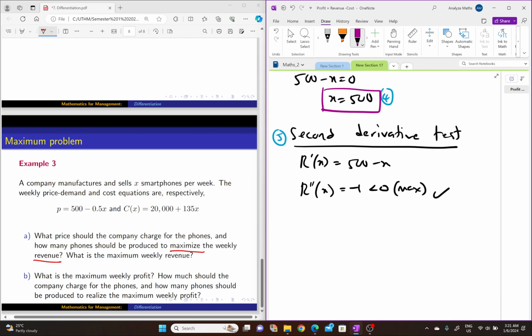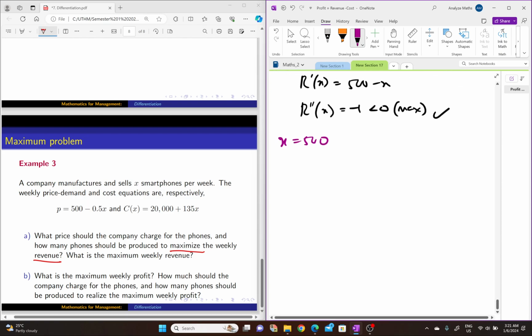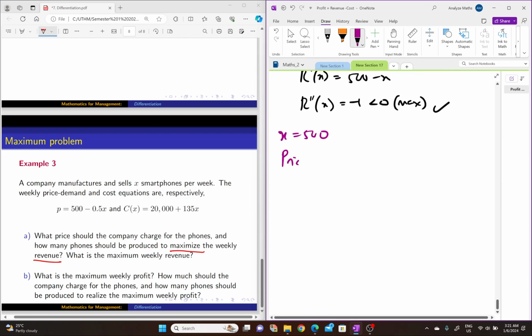What price should the company charge for the phone? So when x equals 500, the price would be 250. Here I didn't put any unit, or we can put RM.